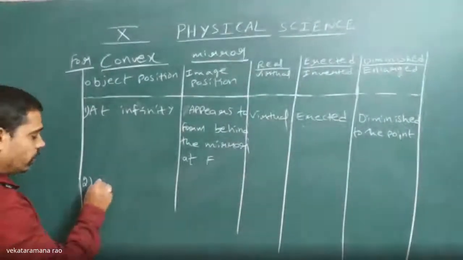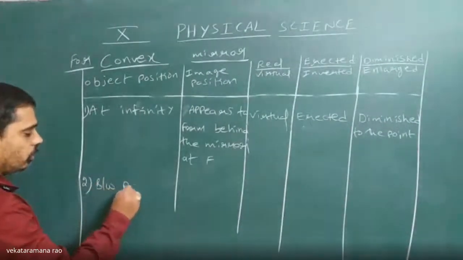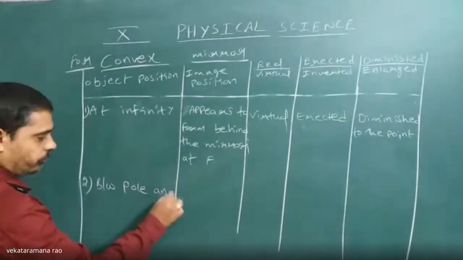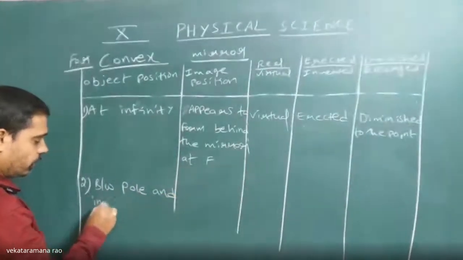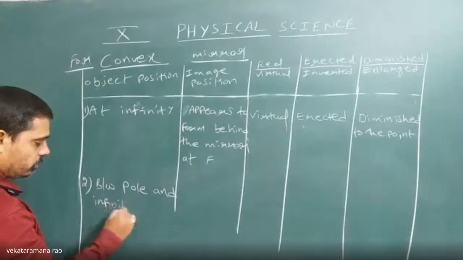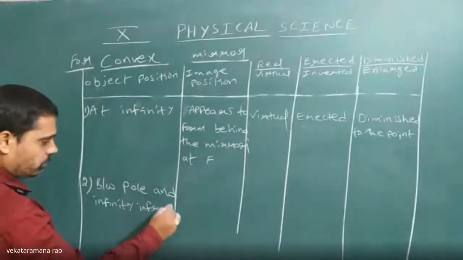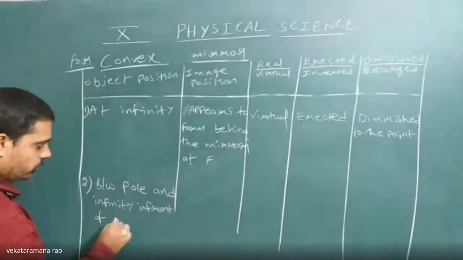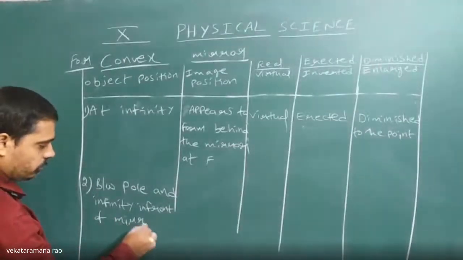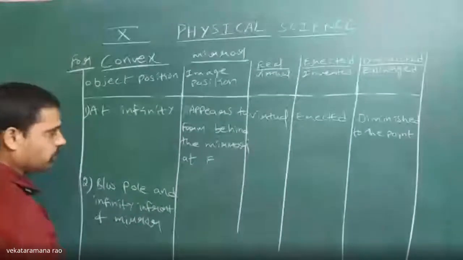The object is between pole and infinity, in front of the mirror.